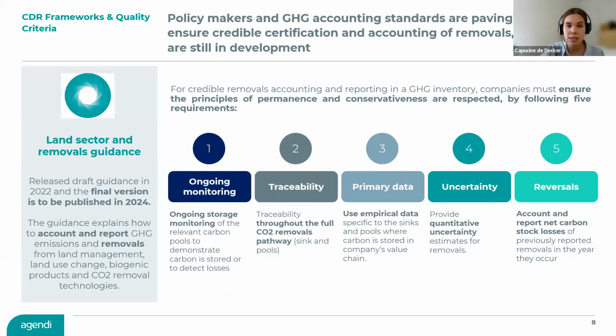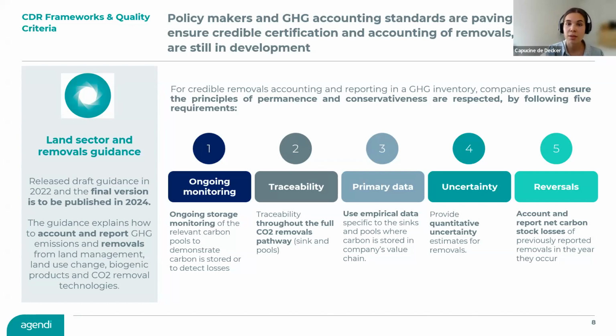It has been released in 2022 as well, but still a draft, and we hope to see a final version in 2024. So here the goal of this guidance is really to push companies to better account and better report removals, and they want for companies to respect 2 principles, which is the principle of permanence and conservativeness.